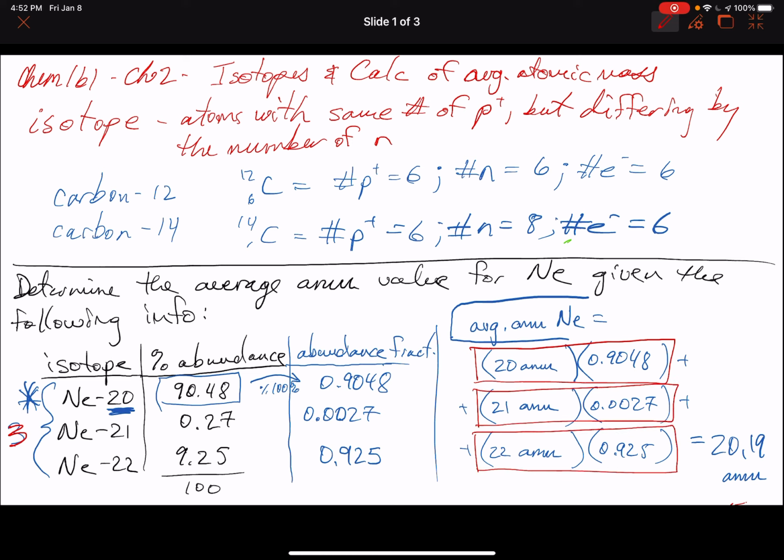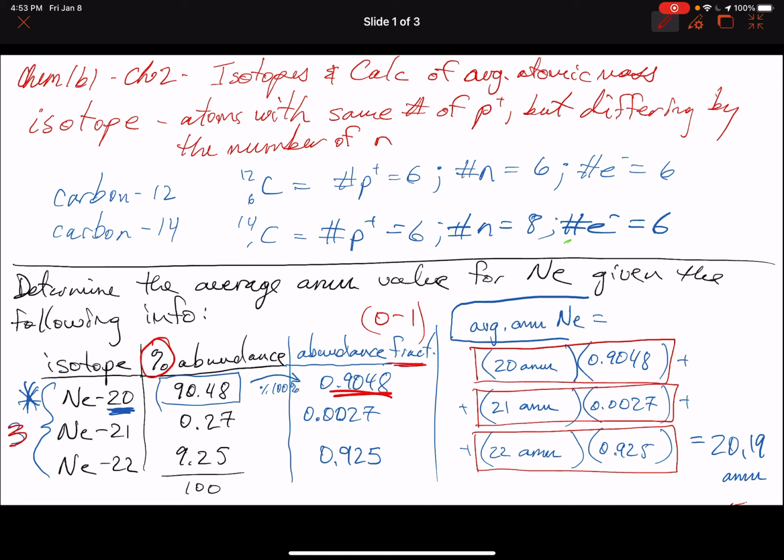A trick is to ensure that we're using the abundance fraction. This abundance fraction must be between 0 and 1. And we can transform percent abundance information, sometimes known as the atom percentage, for the population of an isotope, for that isotope represented as a fraction for all of the isotope options. And we can transform that percentage into the fraction by dividing by 100%.